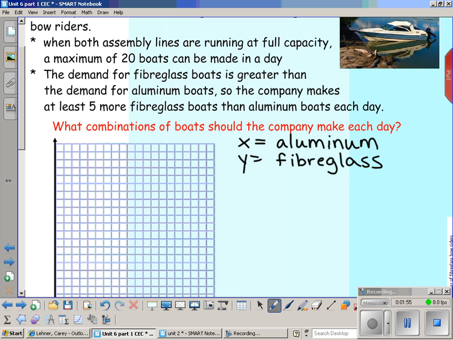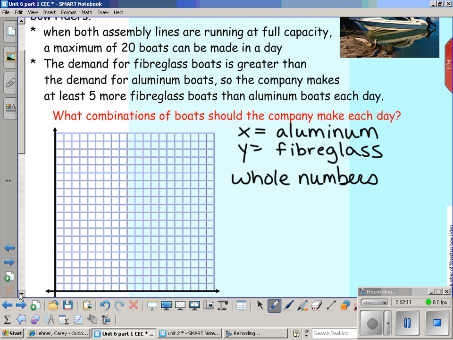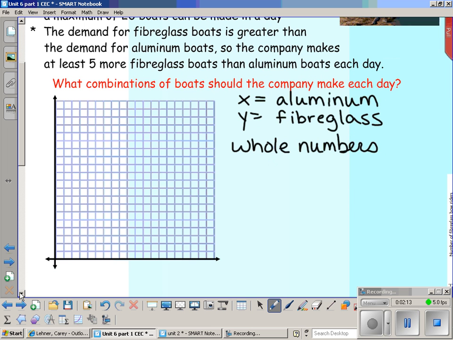You could make 0 of them, but you could not make -1 or -2. So we are confined to all whole numbers. So what that means is that on our grid, or on our Cartesian plane, we are only going to be looking at the upper or the first quadrant of our data.